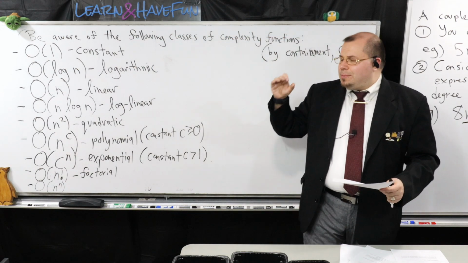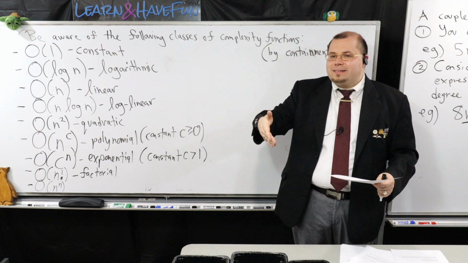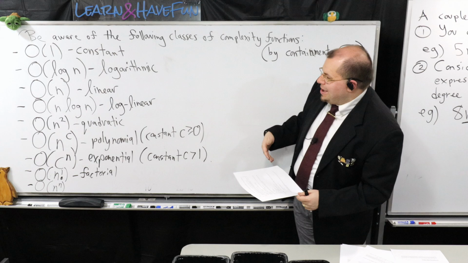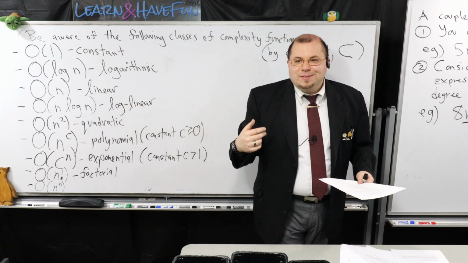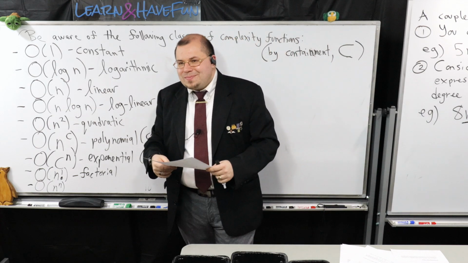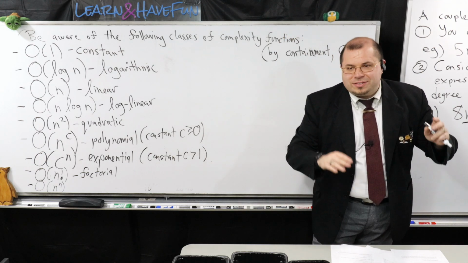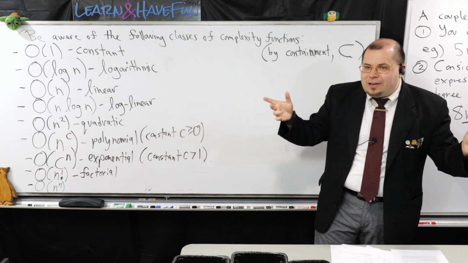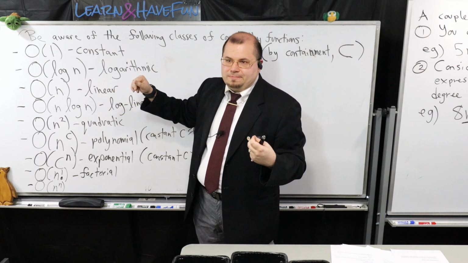I'm just giving you some of the common categorizations for functions. So when I tell you that the running time is big O of n log n in the worst case, you'll understand what I mean, right? Excellent. It just means that the complexity function, when I derive it, belongs to this set of functions.